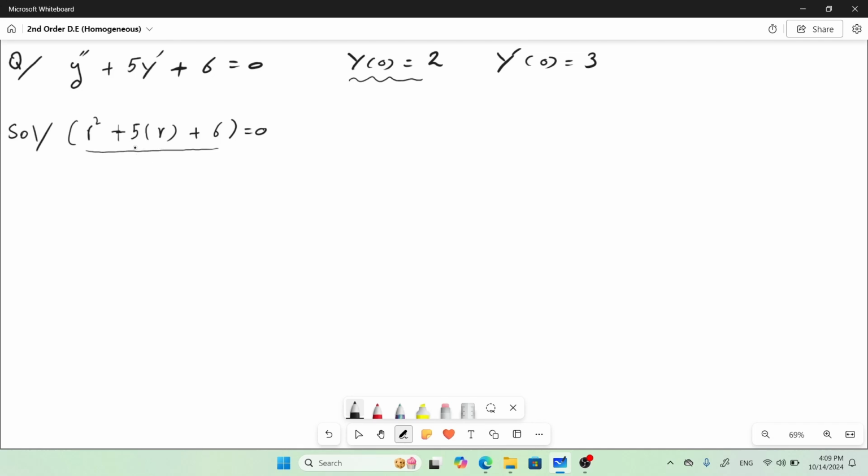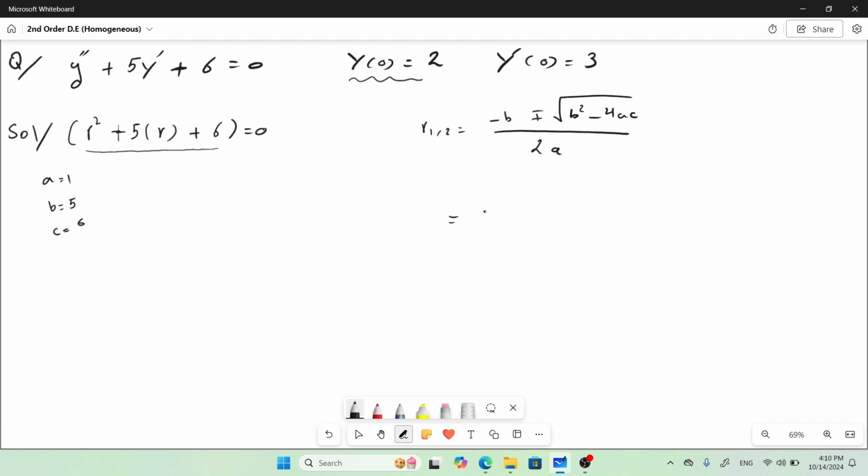Now we're gonna use the quadratic formula. So we have r1,2 is equal to minus b plus or minus the square root of b squared minus 4ac, divided by 2a. Now a is equal to 1, b is equal to 5, and c is equal to 6.